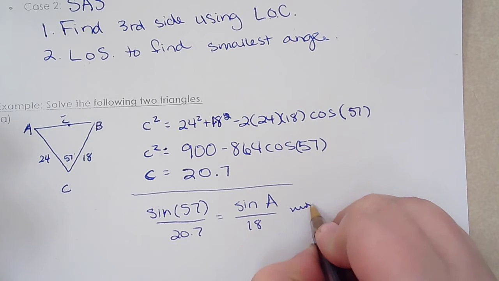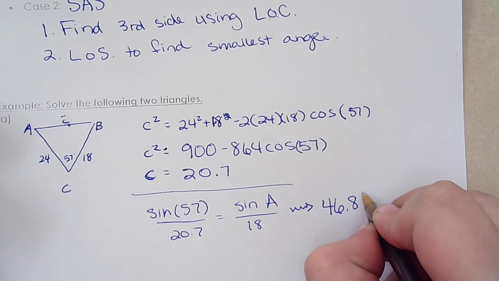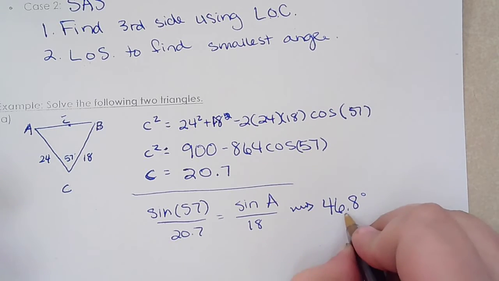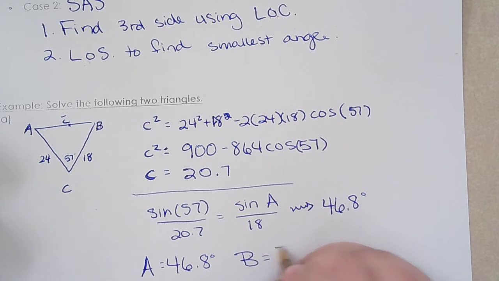Do my little calculations and get 46.8 degrees. Now that I have that, I don't have to set up another law of sines. I can just say 180 minus that and find that if A is equal to 46.8 degrees, then B must be equal to 76.2 degrees.